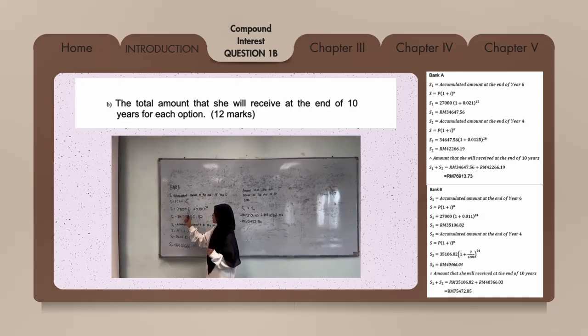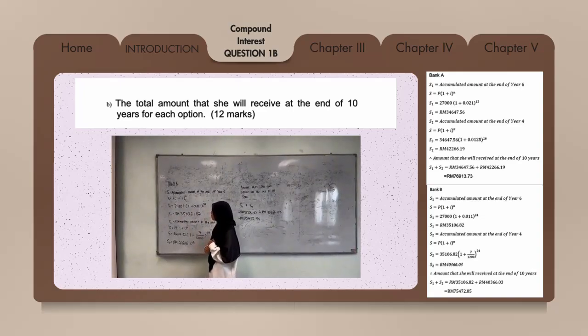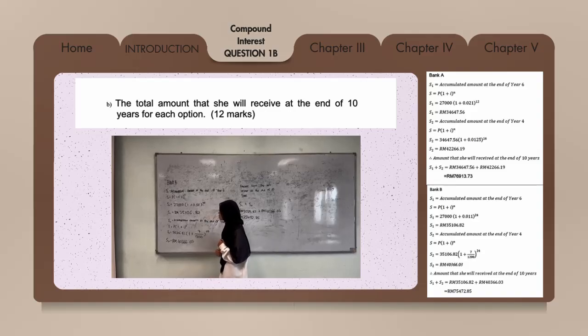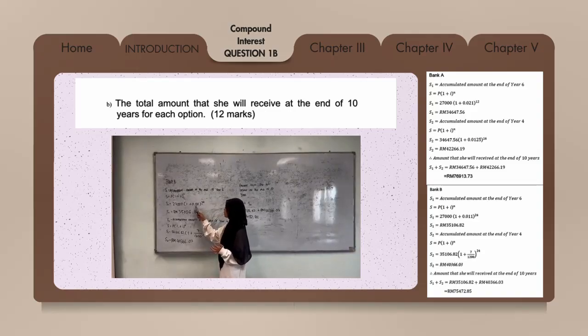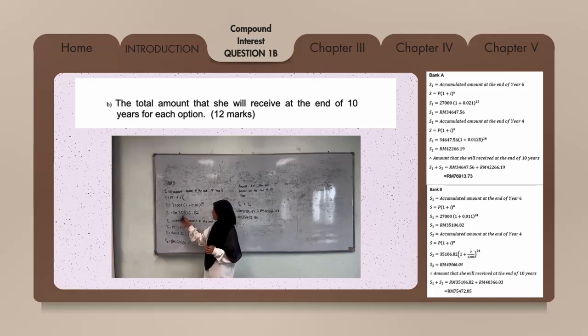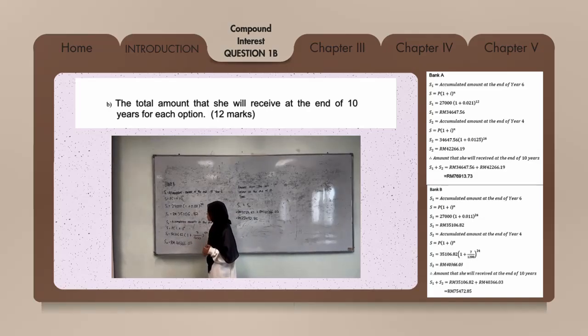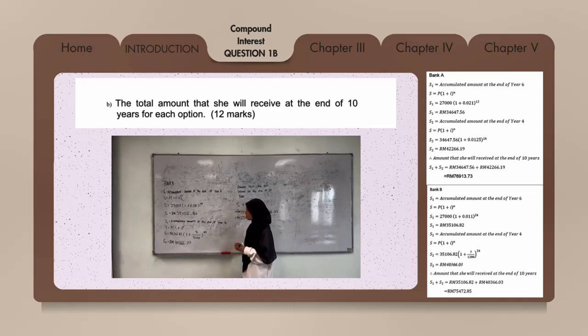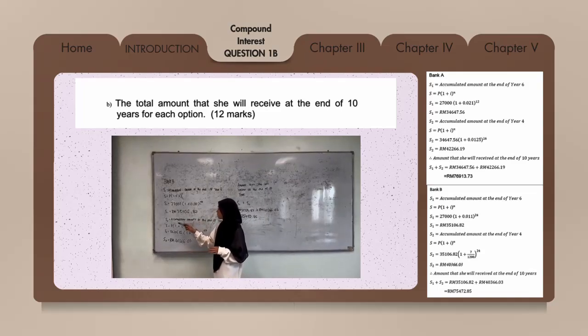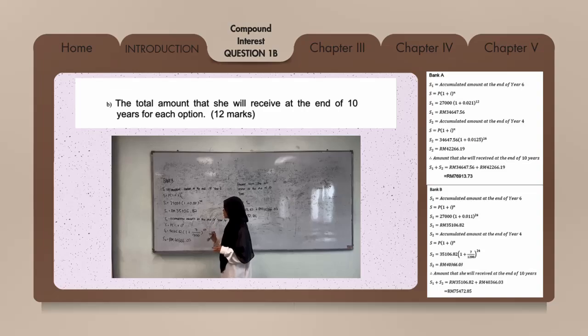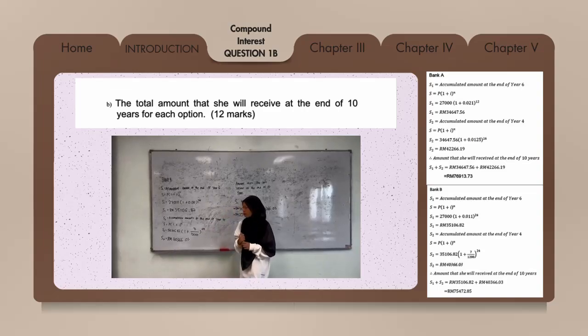We calculate S1 equals 27,000 multiplied by 1 plus 0.011 to the power of 24, and then we got the answer, RM35,106.82. And then we calculate for S2, which is the accumulated amount at the end of year 4.